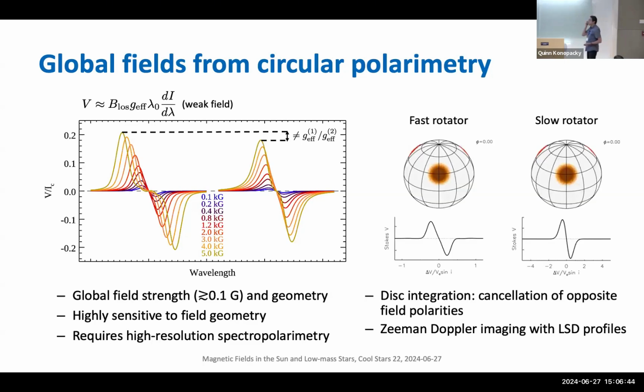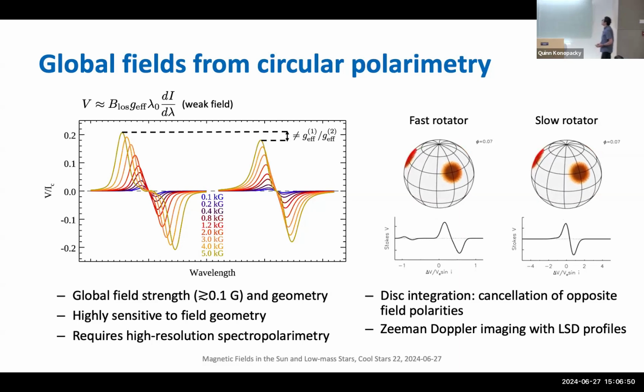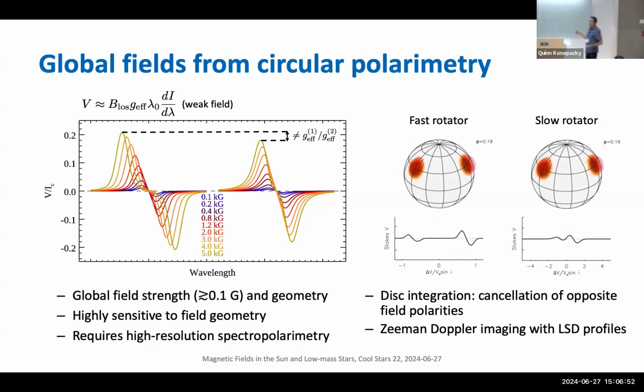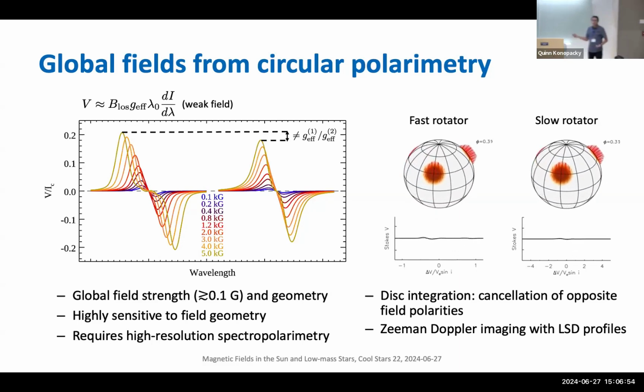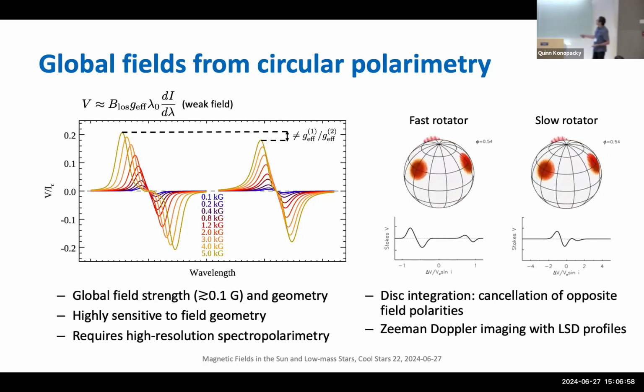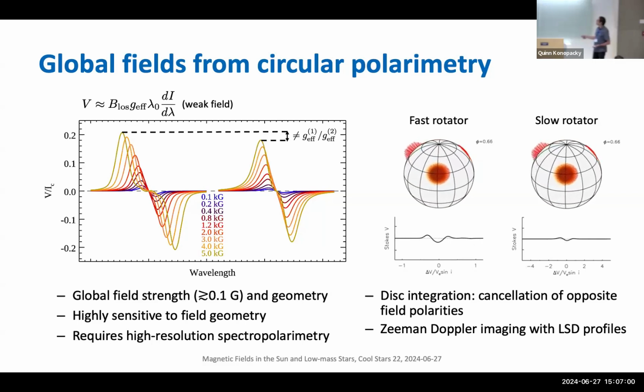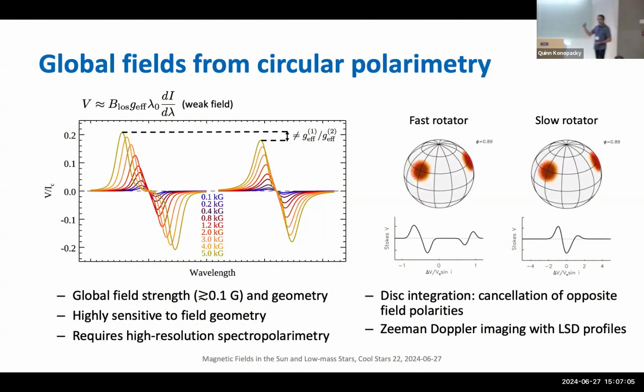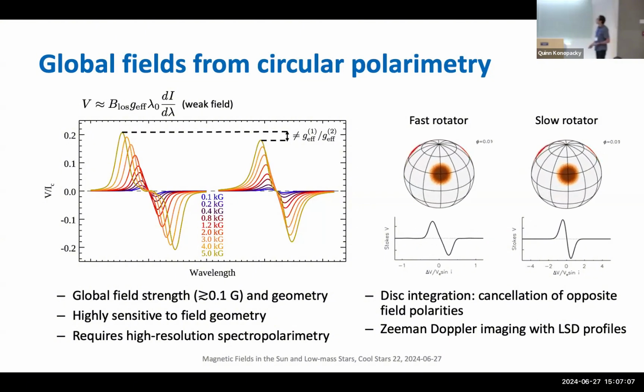You have heard many times about ZDI. I've seen some movies. Here is a couple of movies that I would like to play. So just a message that if we have a magnetic spot and we have a time series of Stokes observations, we can both track position of that spot on the surface of the star and distinguish orientations of the field, distinguish azimuthal from radial, for example.